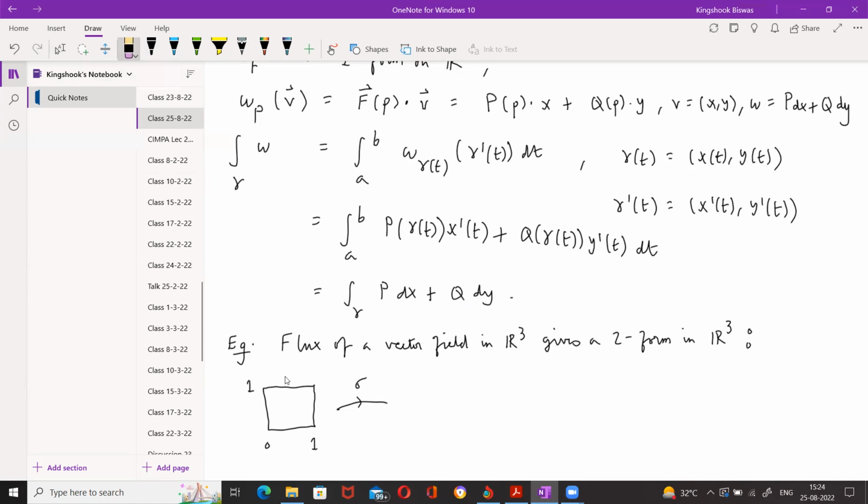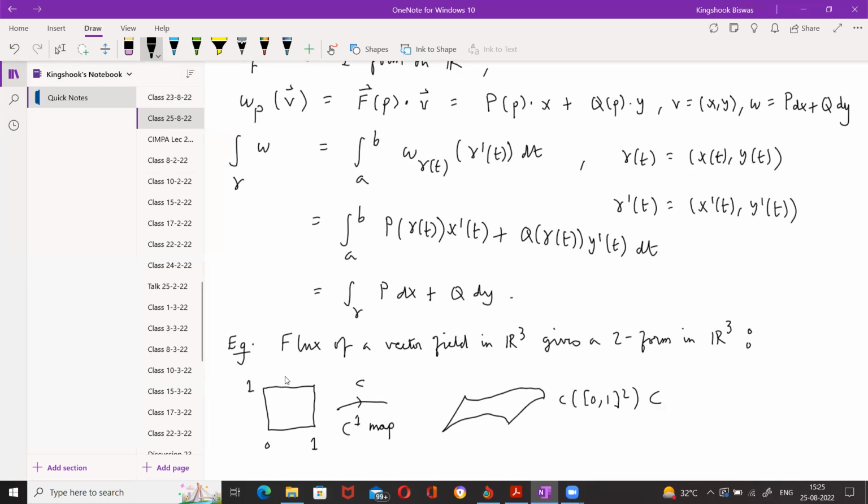Let me just call it C. My notation for these will be C. So C is a C1 map, mapping into some surface in R3. So this is C of 0,1 squared.